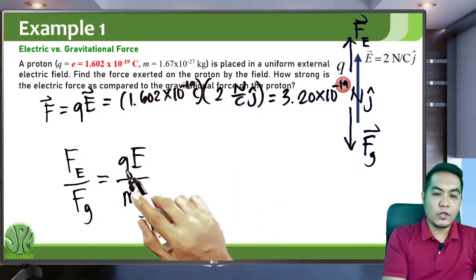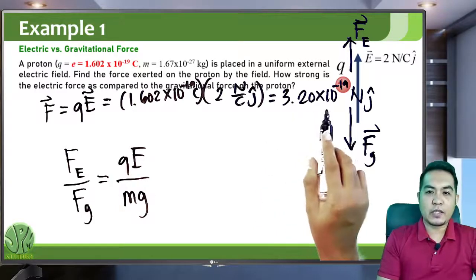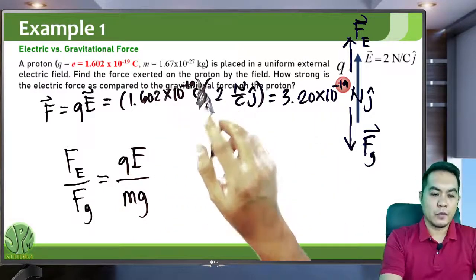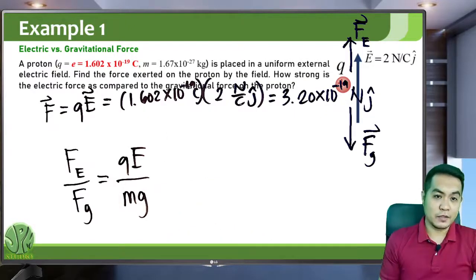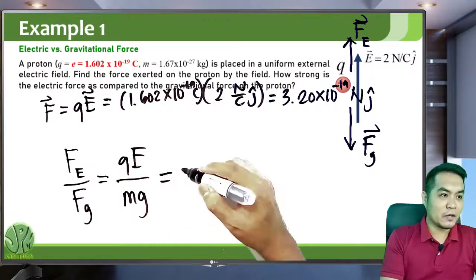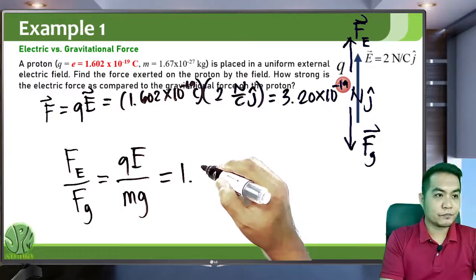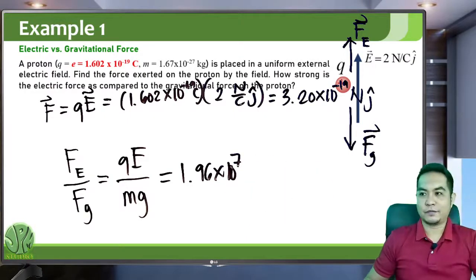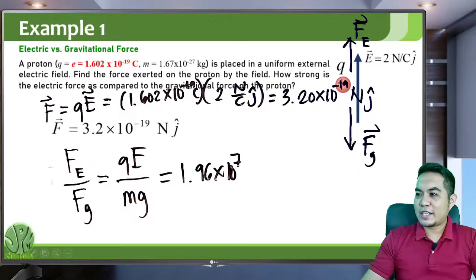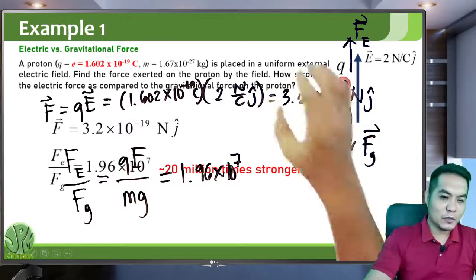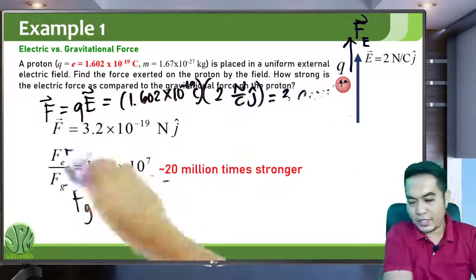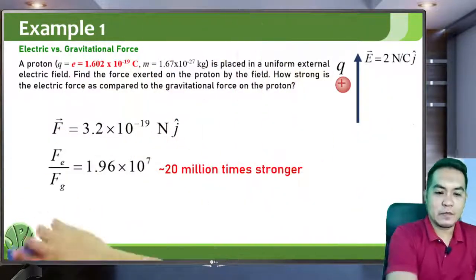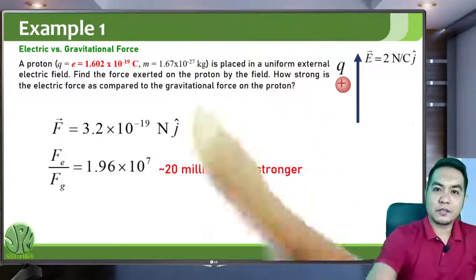So we know that Q times E is this one, 3.20 times 10 to the negative 19 newtons. We know the mass of the proton, and we know g is just a constant, and this will give you a value of 1.96 times 10 to the 7. So 1.96 times 10 to the 7 is approximately 2 times 10 to the 7, or 20 million times stronger.